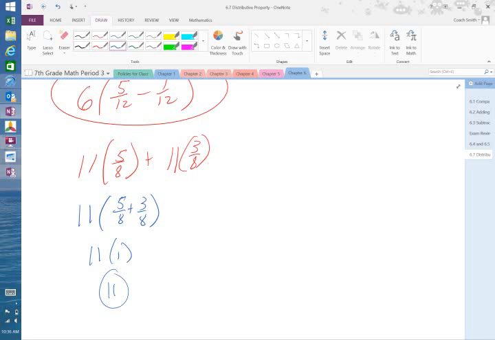The common factor here is the 11. We can take the 11 out of the parentheses, which is what we did here, and we can take inside the parentheses and add it together.